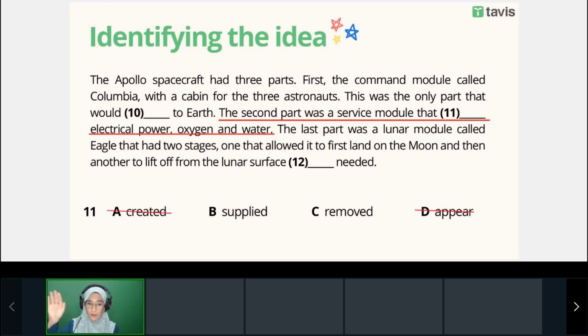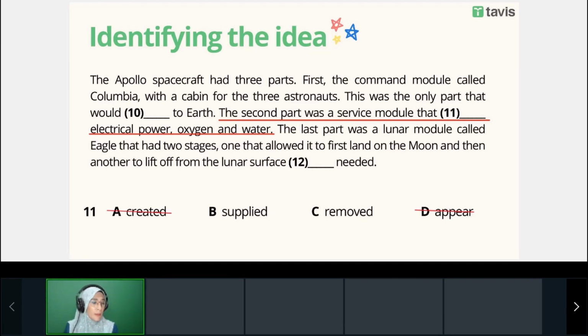But over in space, do you need electrical power? Try and think of it that way. Do you need water in space? Interesting, right? So I don't think that these two are important.